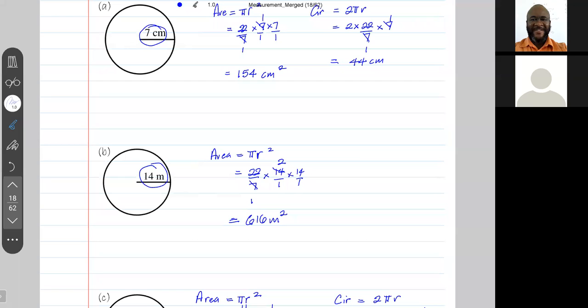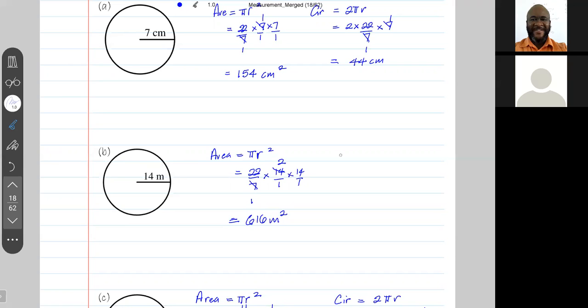It's something that you can think about: if you double the dimensions of a shape, the area would be increased 4 times. Or if you double the dimension, the area would be 4 times as large.